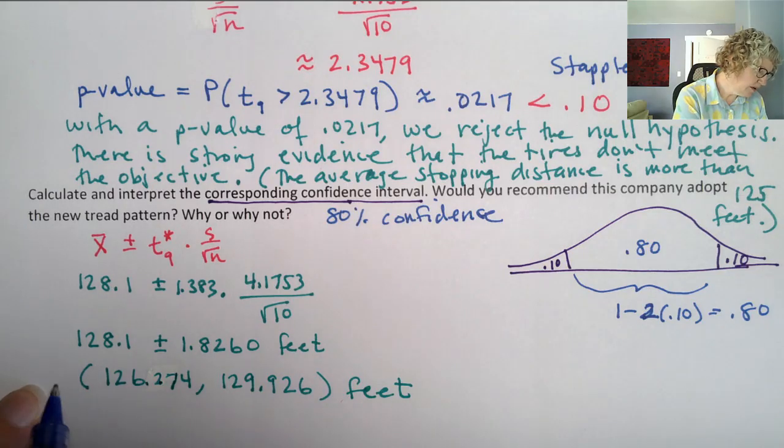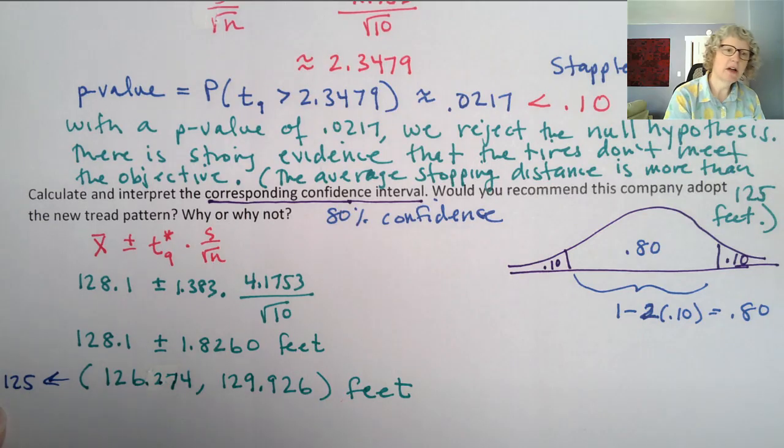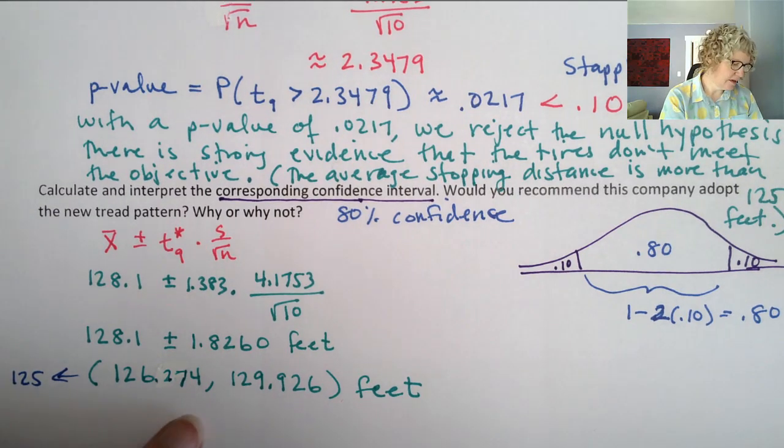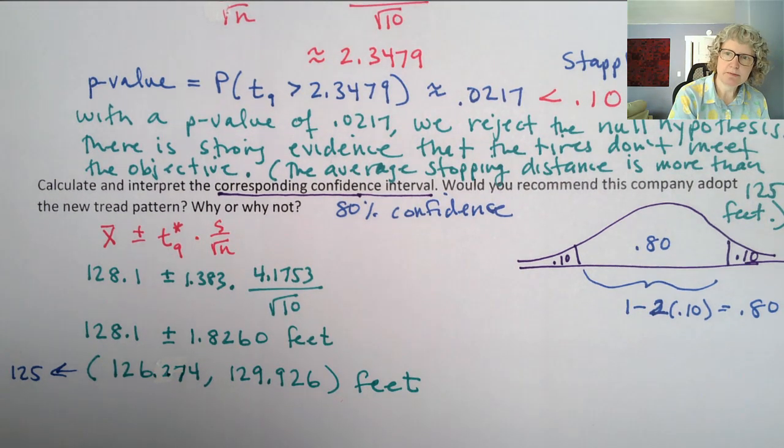Well, the whole interval is above 125, right? Because it only goes down to 126 and something. Okay, so that agrees with rejecting the null, right? The null value is not in it, and the interval is in the direction of the claim, so that matches up. So let's summarize this here.